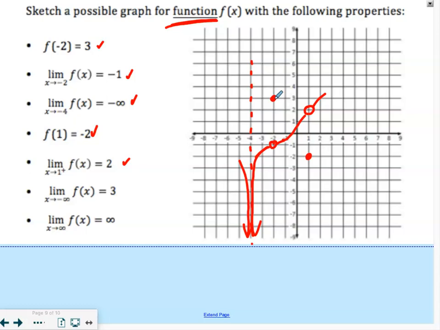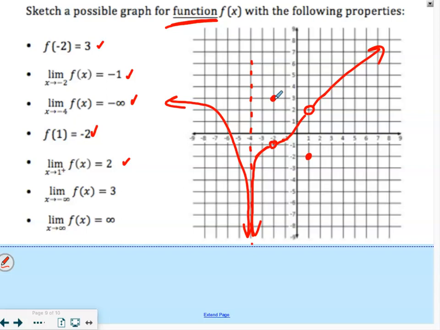So you want your graph somehow to kind of flatten out at 3 as x approaches negative infinity. So in the left end behavior, we would flatten out at 3. Our right end behavior way out here, we just need to always be going up, right? The right side is always pointing up to infinity, so anything that's always pointing up is fine.